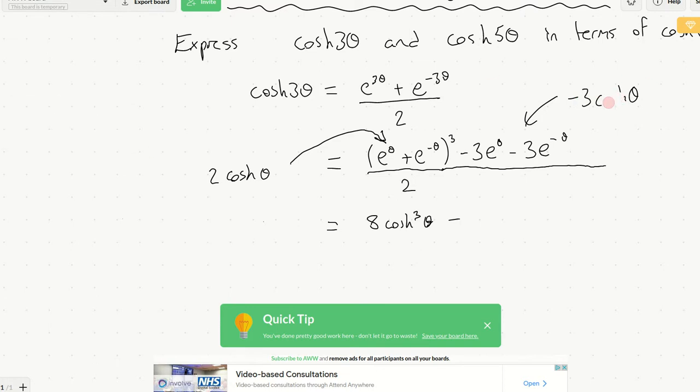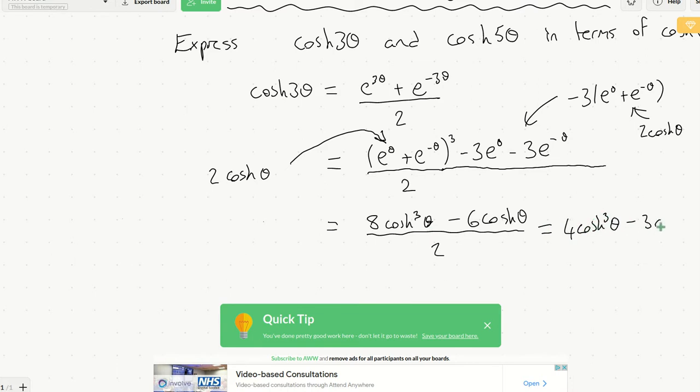Be careful with the 2. It's minus 3 times 2 cos theta, because it's minus 3 times this, and that is 2 cos theta. And so that's going to be minus 6 cos theta over 2, and then it gives you 4 cos cubed theta minus 3 cos theta.